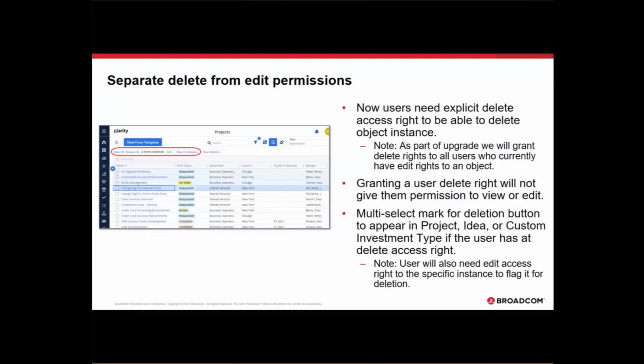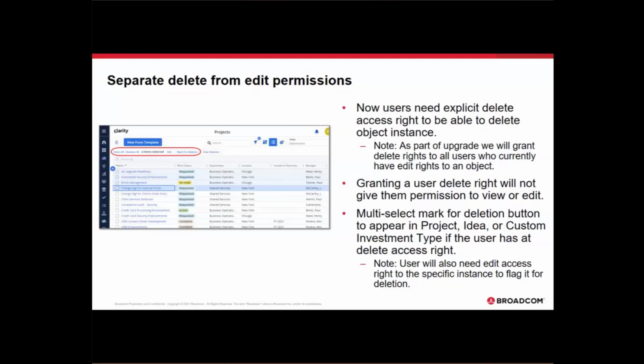So just because somebody got a delete right, they will still need view or edit in order to see or make changes to an existing object instance. The multi-select mark for deletion button will appear on the project ID or custom investment type if the user has delete access right.